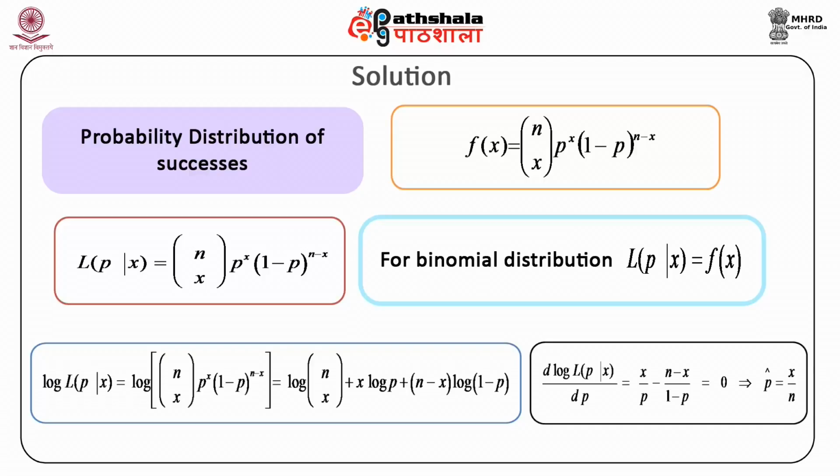Therefore, the sample proportion is the MLE of p. It is also an unbiased estimator. If the number of parameters to be estimated is more than 2, then the procedure followed above for 2 parameters is extended for all the parameters.